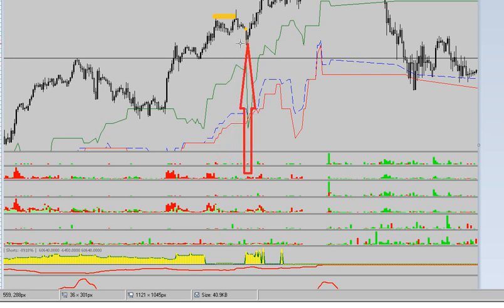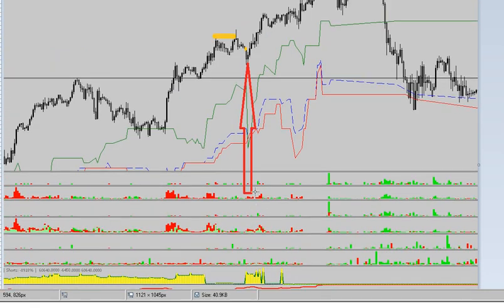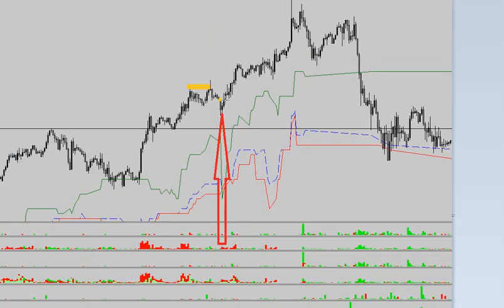You see? Those shorties in a squeeze scenario. So we have an ongoing dumb money squeeze. The red line is above the middle line. Shorties come in. So look, this big move happened after. You don't want to be caught in that particular move. Get out. Take your loss. Okay?